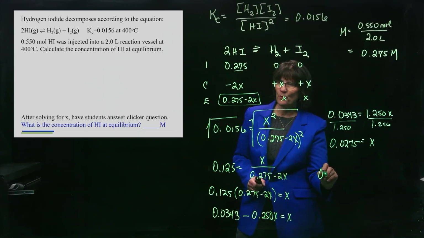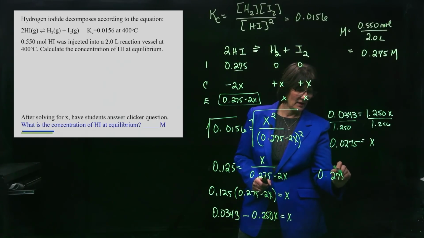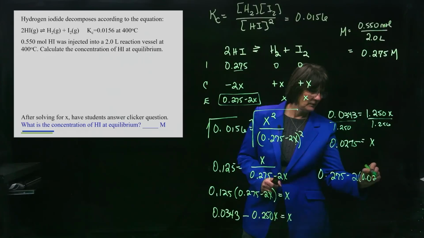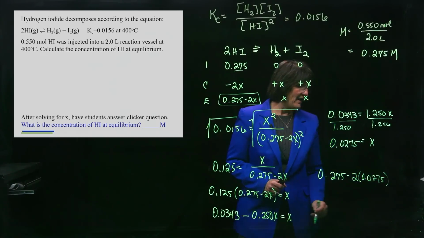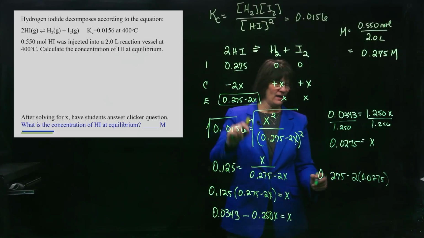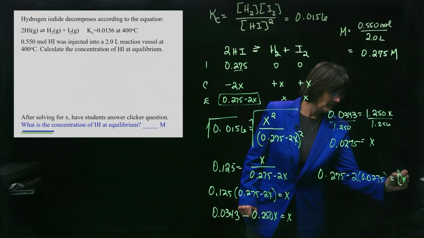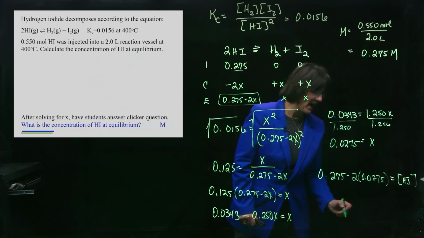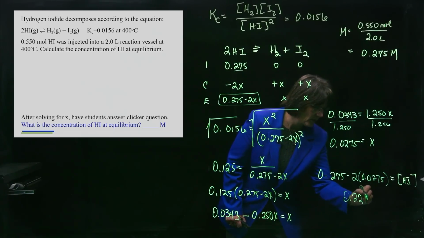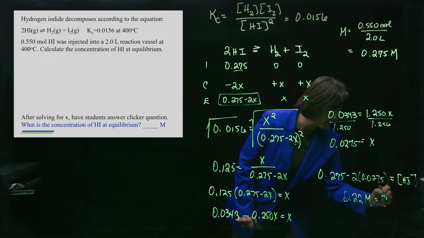So I would take 0.275 minus 2 times my x value, okay? And that will give me the value of my HI concentration. And I have a value of 0.22. What are the units? Well, it's all in molarity, okay?